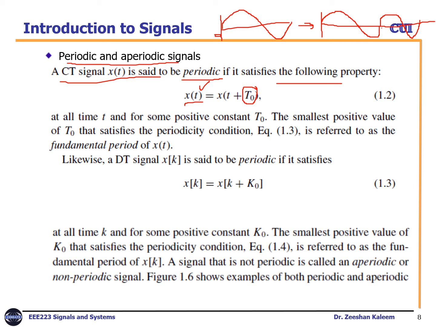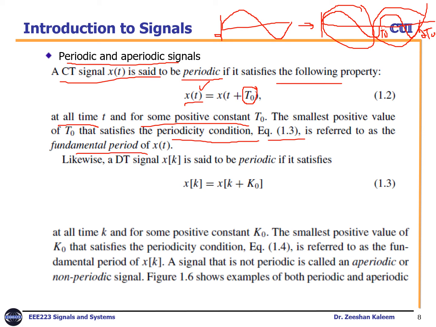If we start from here and end here, this is time t naught, this is time 2 t naught, and so on. This portion is similar to this one, and it carries on, so it is called a periodic signal. At all times t, for some positive constant t naught, the smallest positive value of t naught that satisfies the periodicity condition, equation 1.3, is referred to as the fundamental period of x of t.